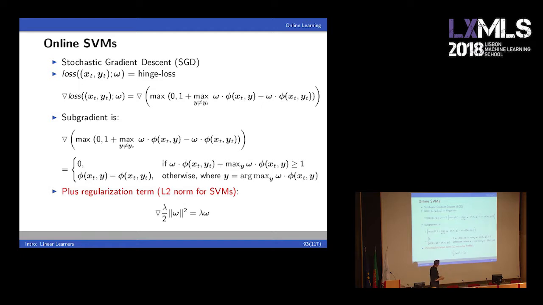What you have to do is make sure that the nonlinear score you assign to your gold standard example is larger than the score you assign to any other example by a margin of 1.